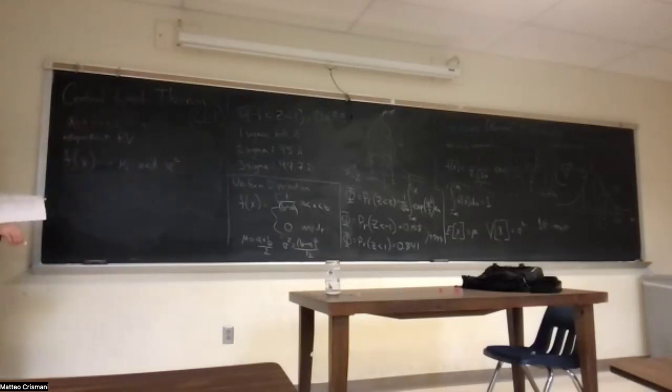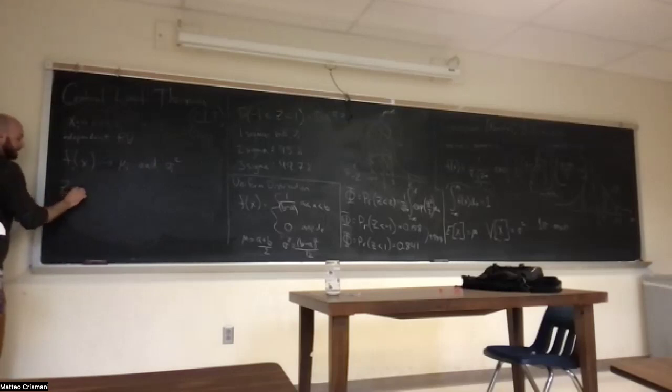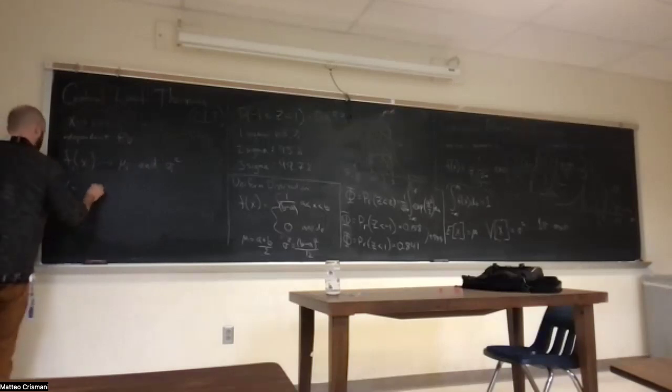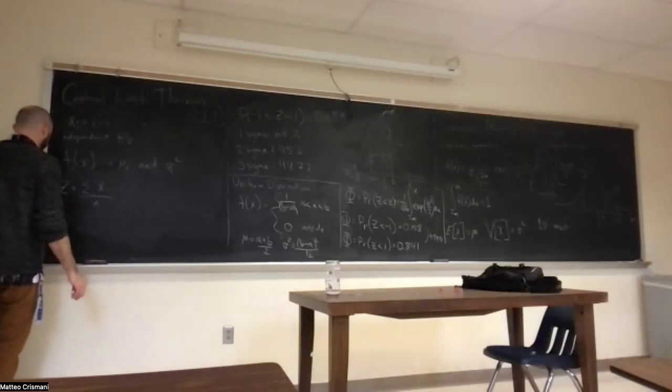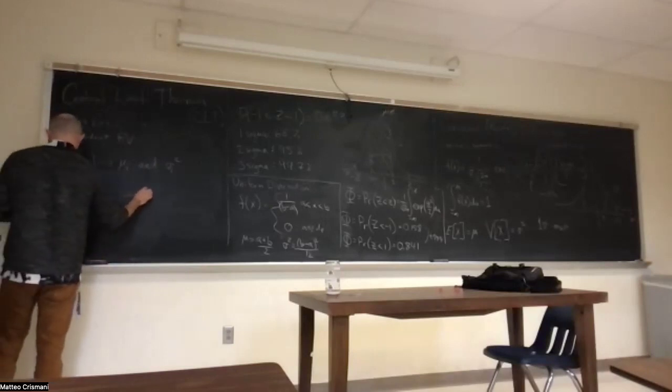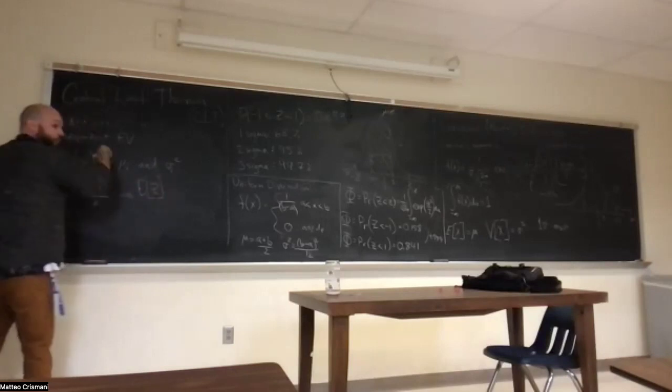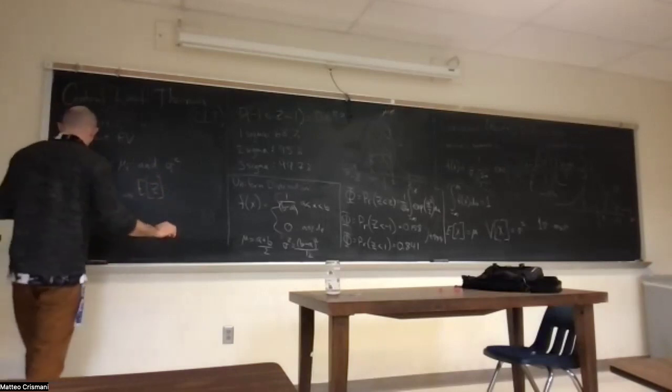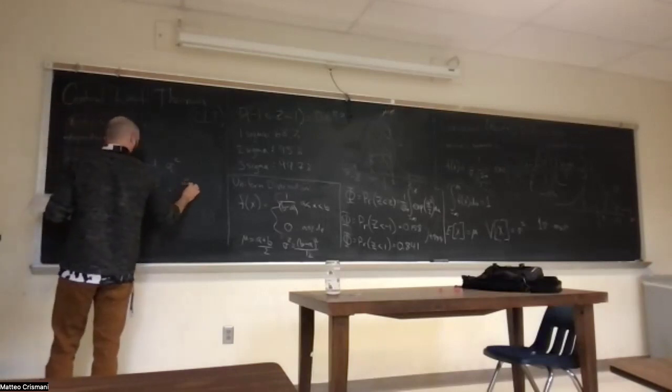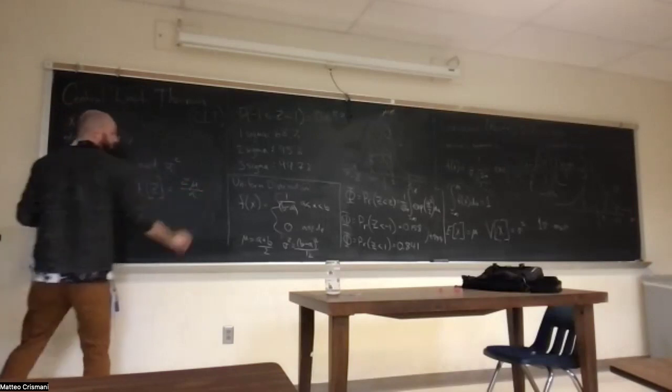Then you could construct a new variable, z, which is the mean of them, the sum over i of xi over n. Which would mean that the expectation value of this new variable will just be the sum of the means over n, however many you have.